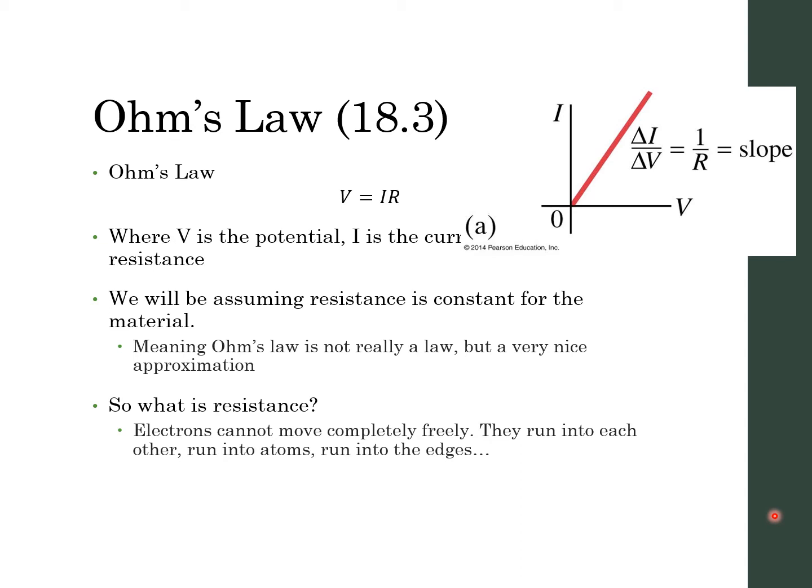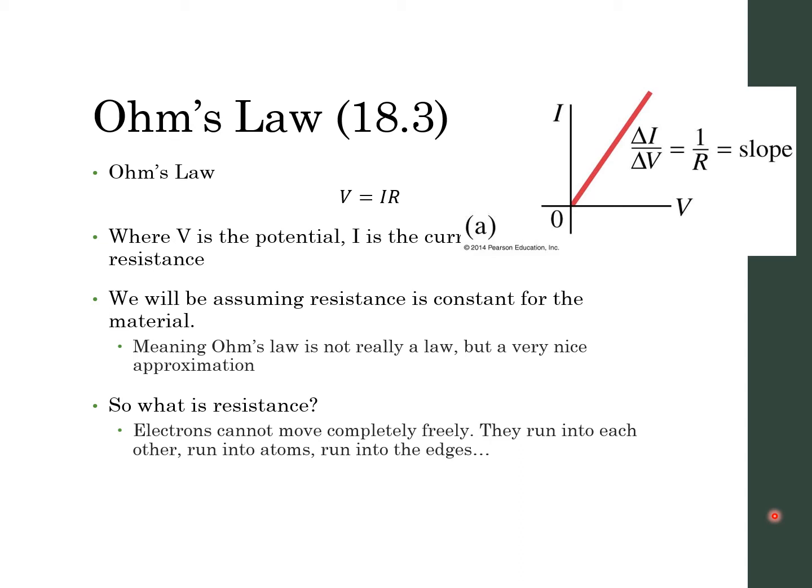And so with this, it's kind of like friction inside of the wire. It's not exactly the same, but it's kind of this idea that you're not actually able to move without putting some effort into it.